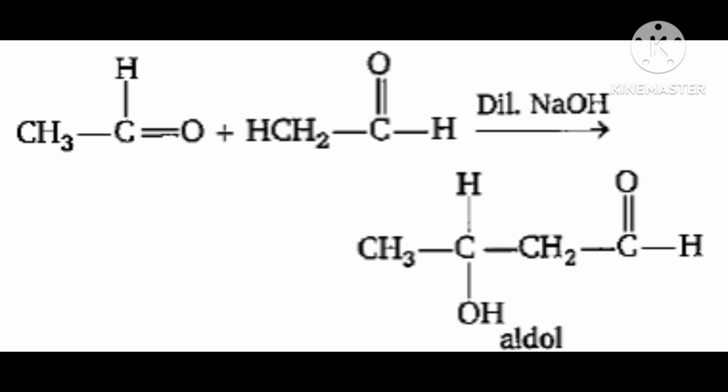The acidity of alpha hydrogen atom of carbonyl group compounds is due to the strong electron withdrawing effect of the carbonyl group and resonance stabilization of the conjugate base. Okay.